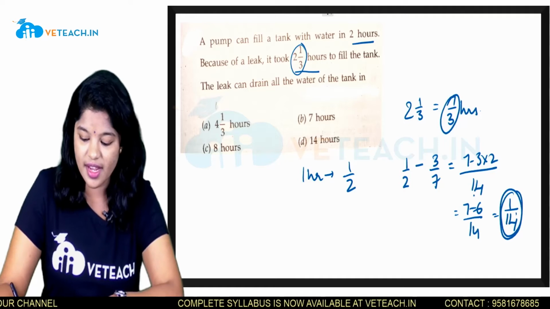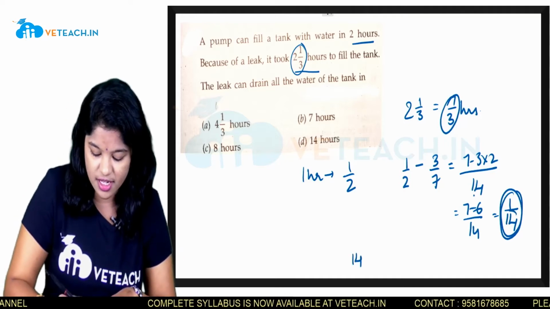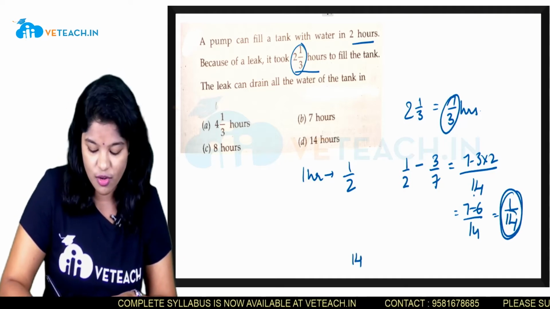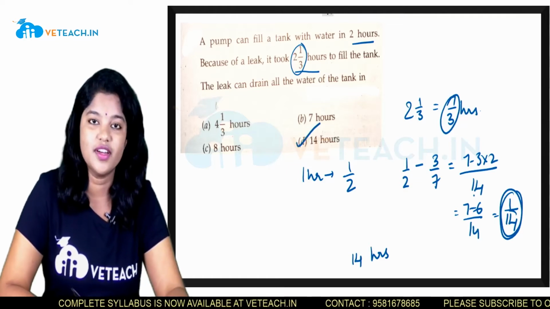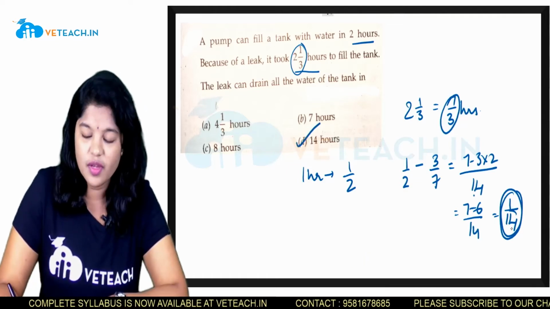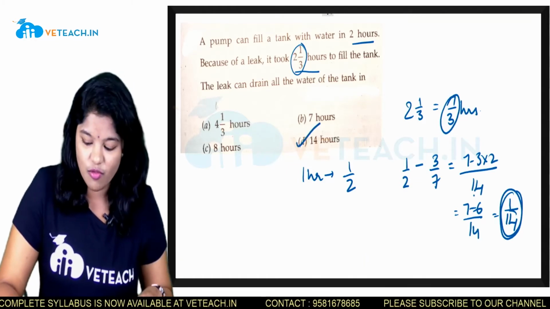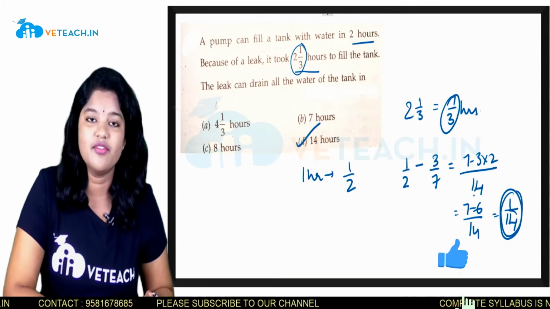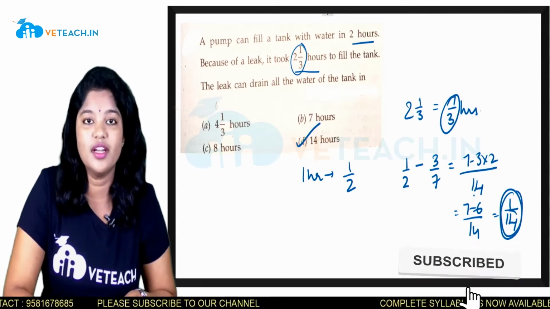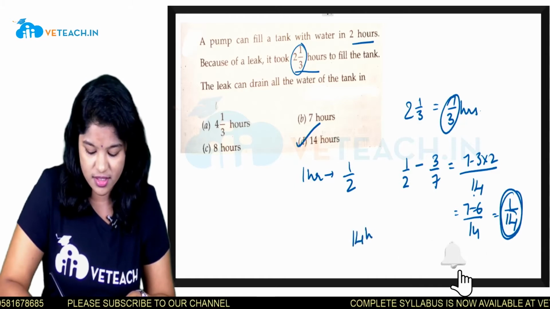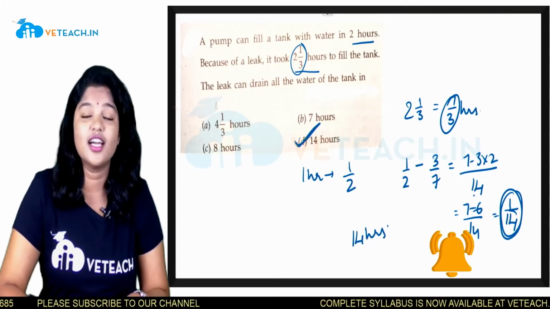So it takes totally 14 hours, that is reverse of 1/14, 14 hours to fill the whole tank. So option D is our correct answer. So we got here 1/14. So 1/14th part of the tank will drain in 1 hour. So total for the tank to drain fully, it will take 14 hours. So option D is our correct answer.